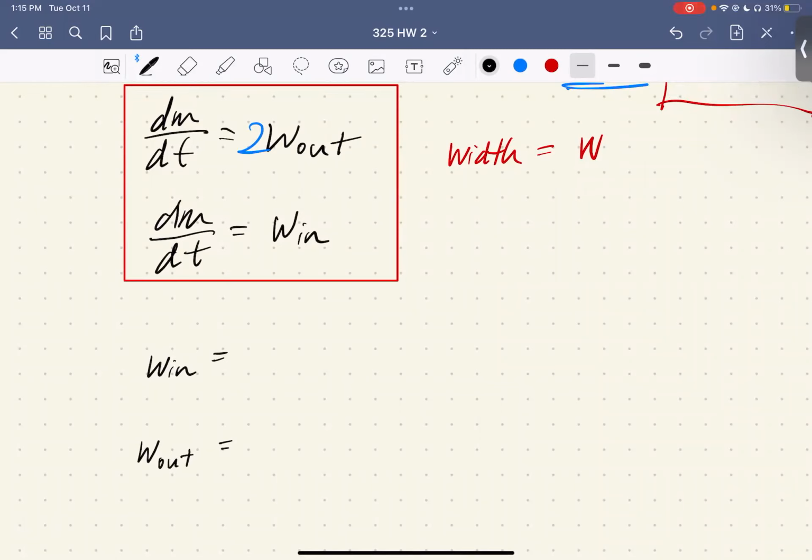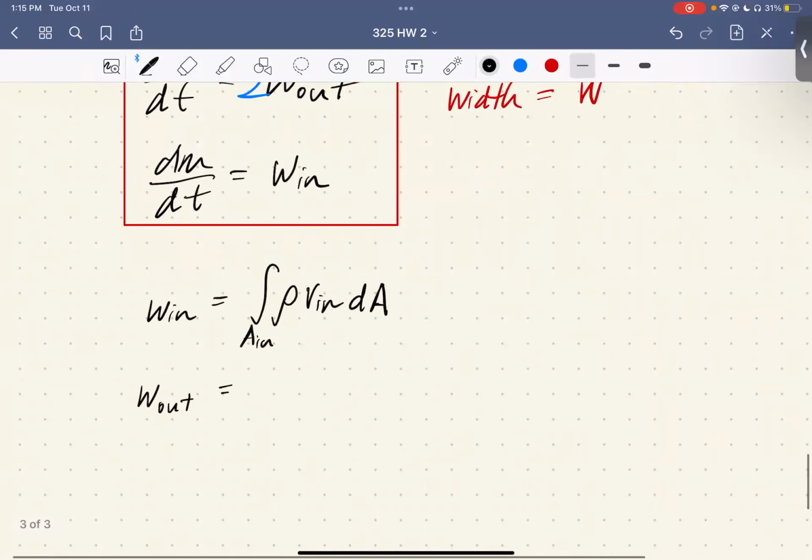We have the integral of rho, and we have the same density here of the fluid. So we also have the velocity in, and then we take the integral of the cross-sectional area of that flow, right? It's the same old, same old. And also for our outlets, we have the cross-sectional area, we have rho, we have the velocity out, and we also have dA.